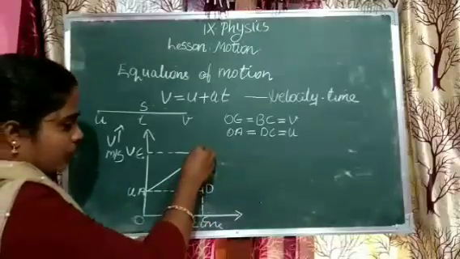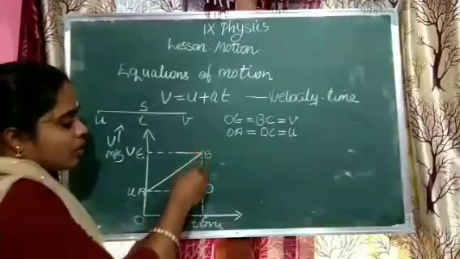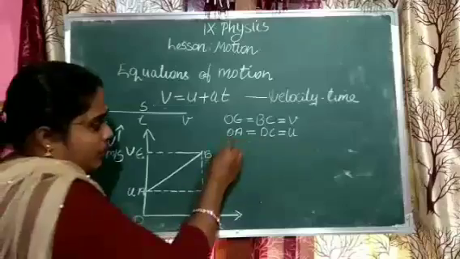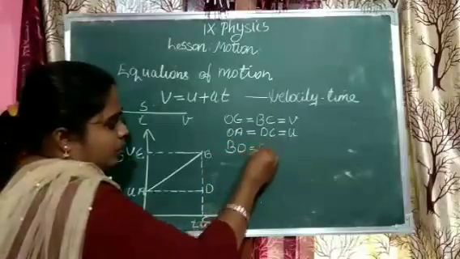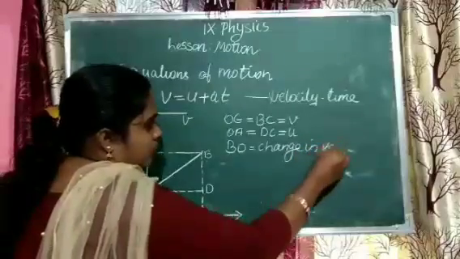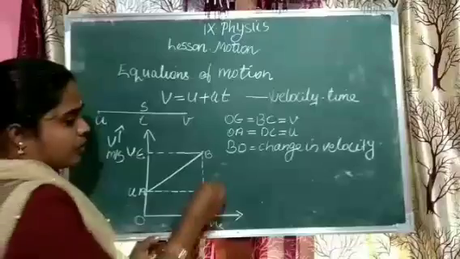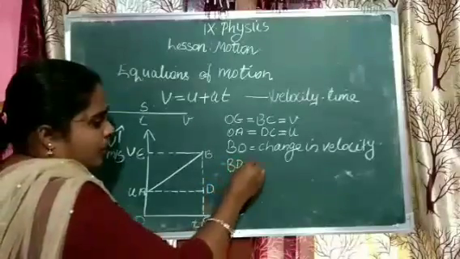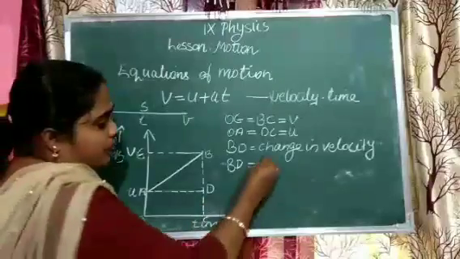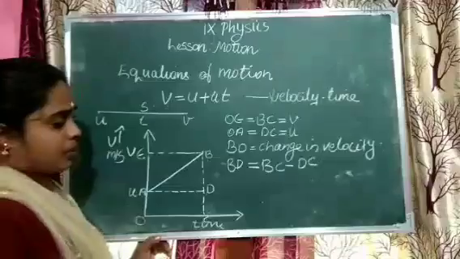So when we consider point B, BD is the change in velocity. BD is equal to the whole distance BC minus DC.